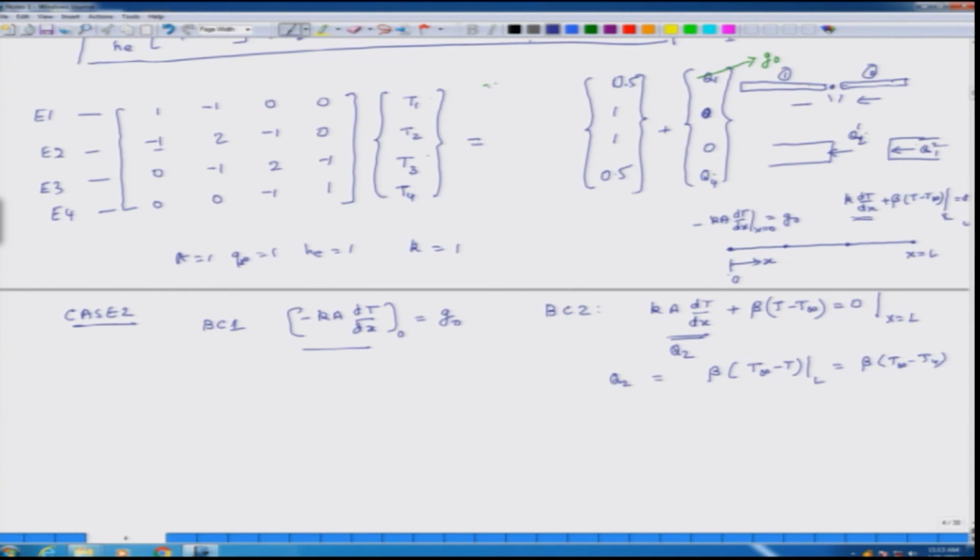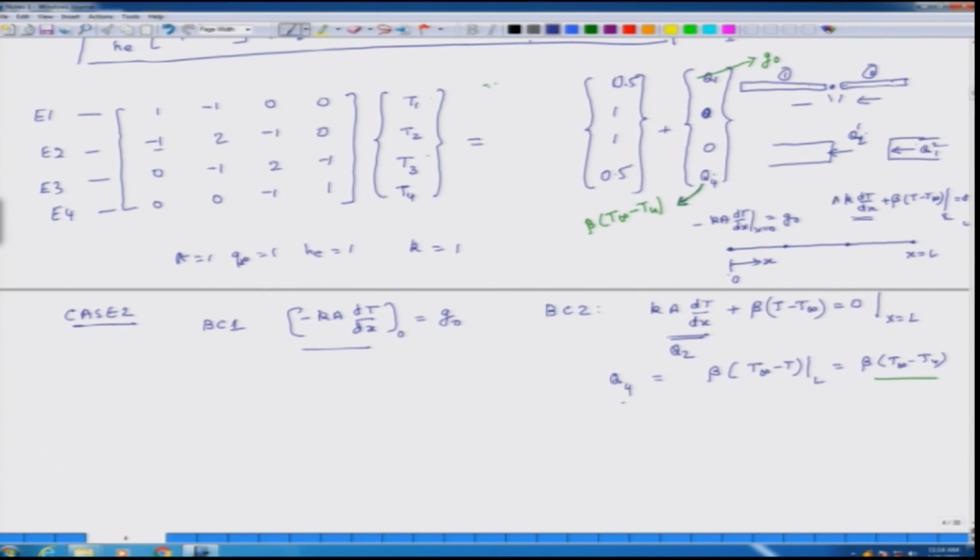Okay. So I replace this Q4 by this term beta T infinity minus T4. Agreed? This should be Q4.